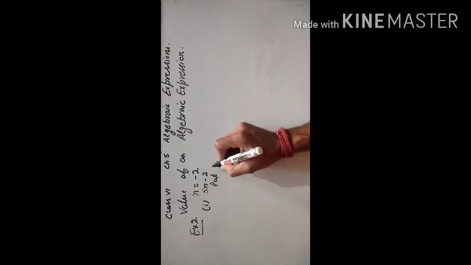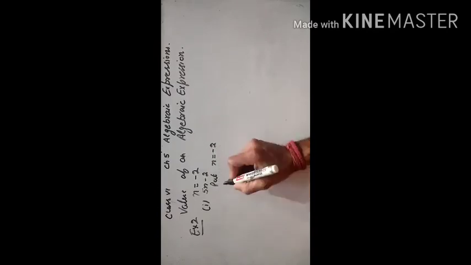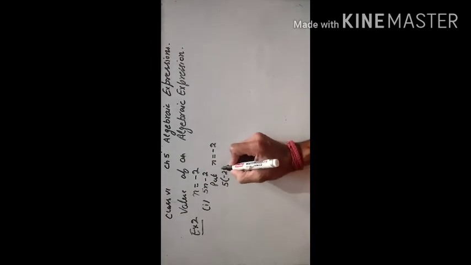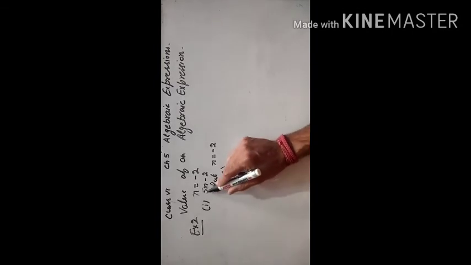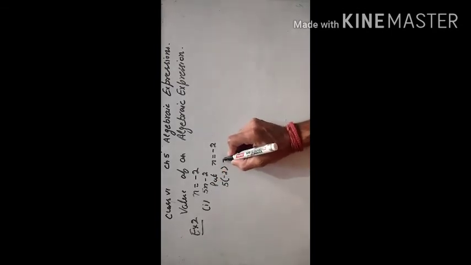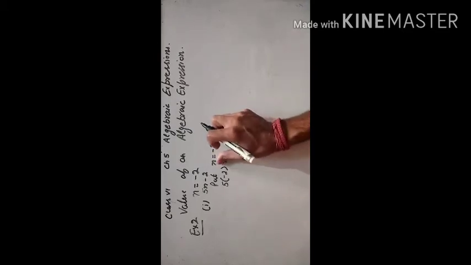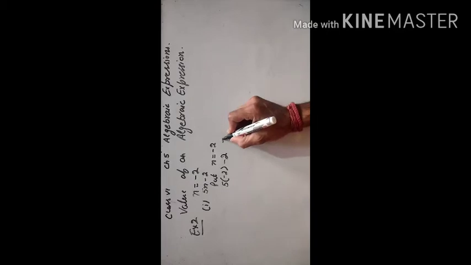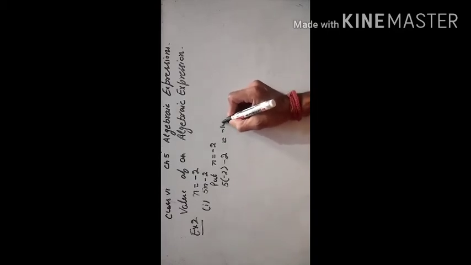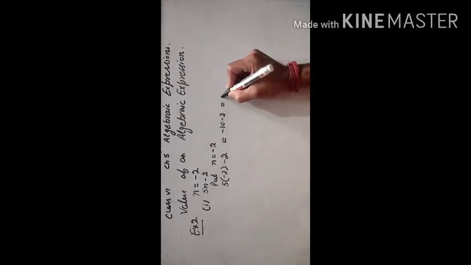Now put n is equal to minus 2. 5 into minus 2, use brackets. 5 into minus 2 is minus 10. Minus 2, answer is minus 12.